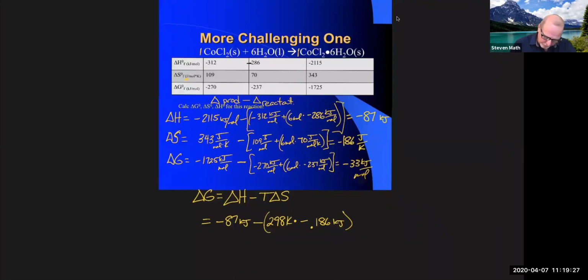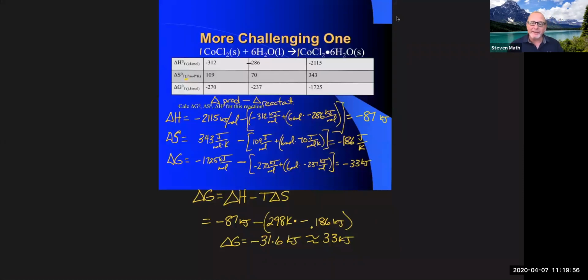This was kilojoules, because that's what we're going to get down here. If I crunch this into my Texas Instruments, I get delta G is equal to negative 31.6 kilojoules. That's awfully close to the estimate we got up top of 33 kilojoules.